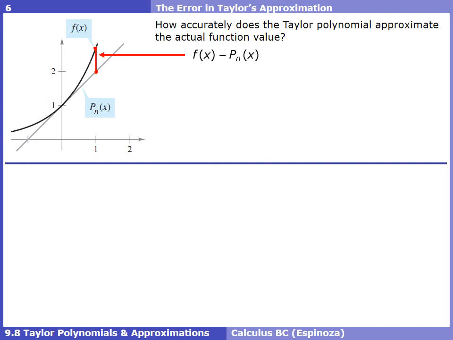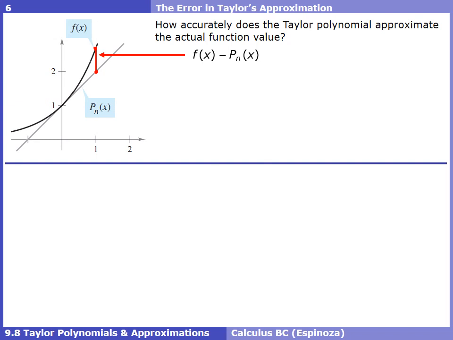That's not a big deal. Again, the true value would be this top red dot. The approximation would be this bottom red dot on the approximation polynomial, the Taylor polynomial, and of course the difference between those two would be how far off our approximation was. But can we actually ever do that, really?